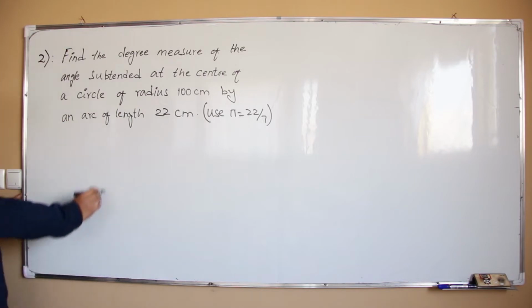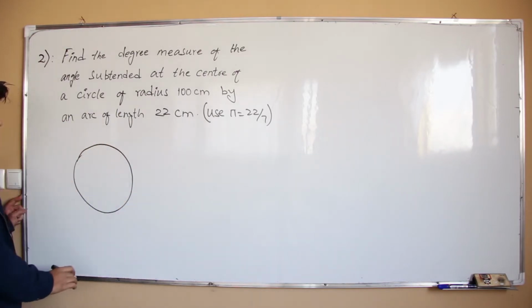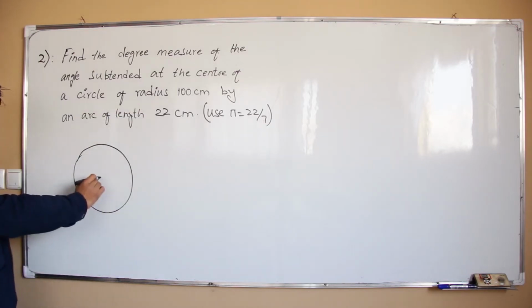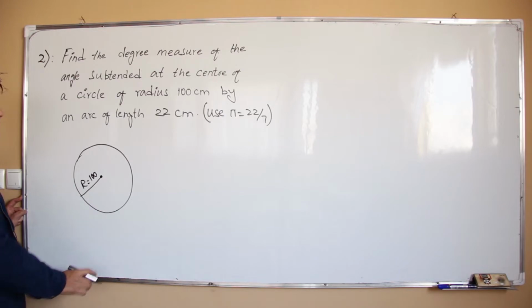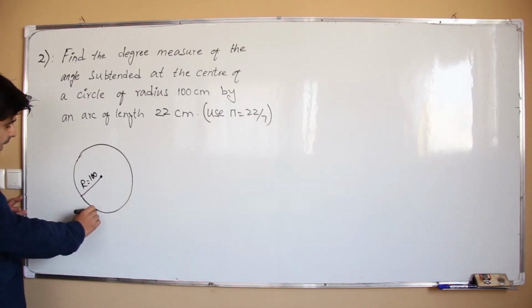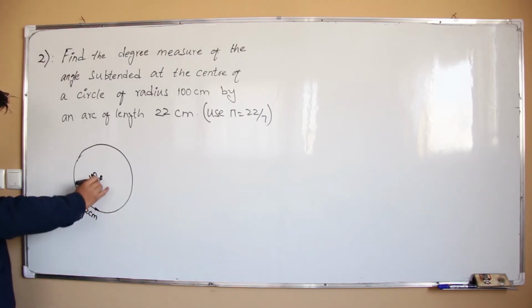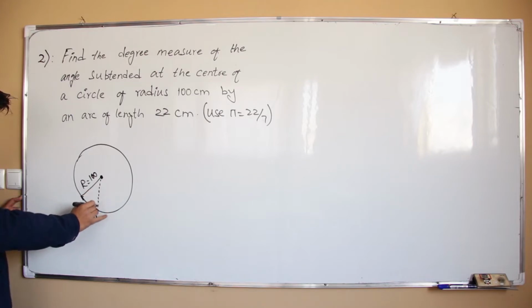Now the solution: suppose this is our circle, with radius 100 centimeters, and this is our arc, which is 22 centimeters, and this is our angle theta subtended by this arc.